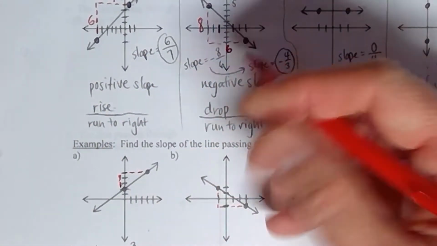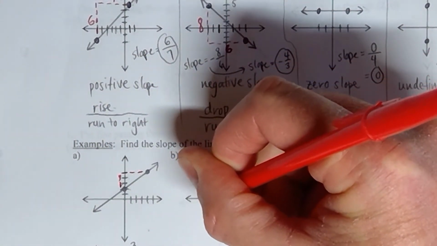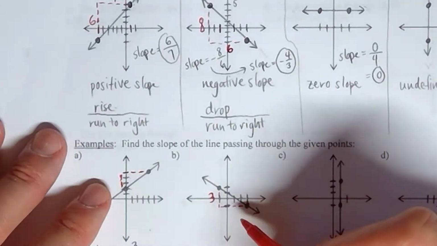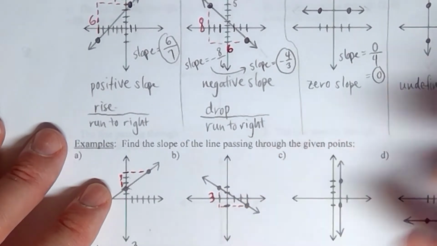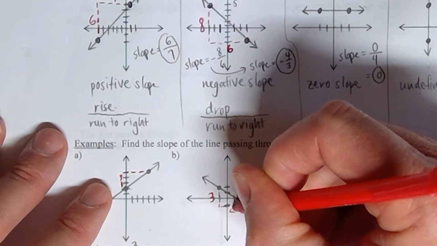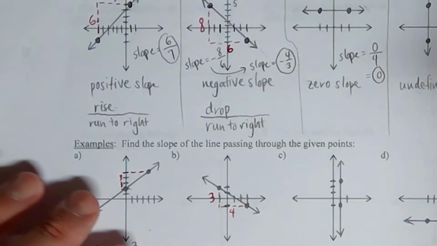So I'm dropping 3, and then I'm going to run how far? I started out at x equal to -1 here, so I have to go 1, 2, 3, 4 spots, and so that is 4 that you run to the right.